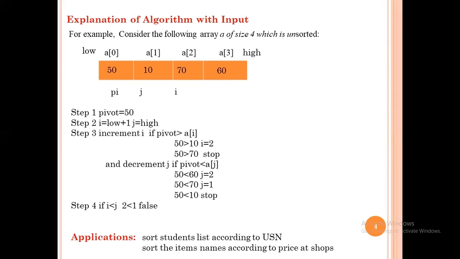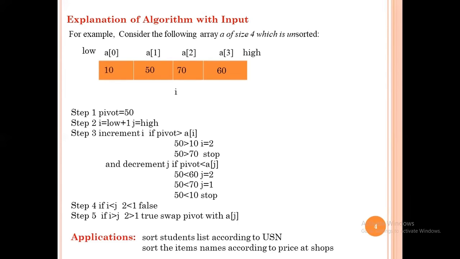So don't swap A of i with A of j. Next step 5, if i is greater than j, yes, condition true, therefore swap pivot element with A of j. Here 50 and 10 are swapped. So 50 position is fixed.